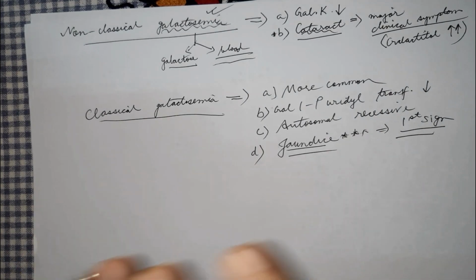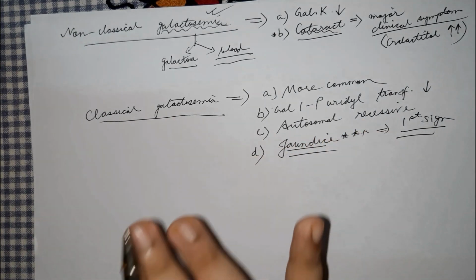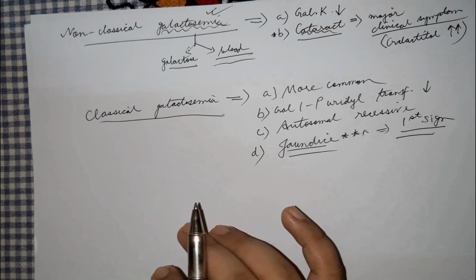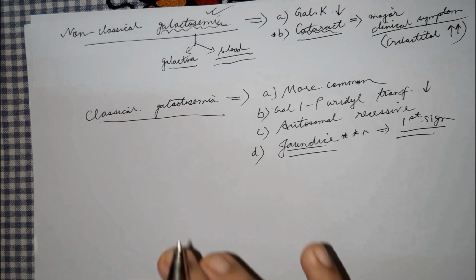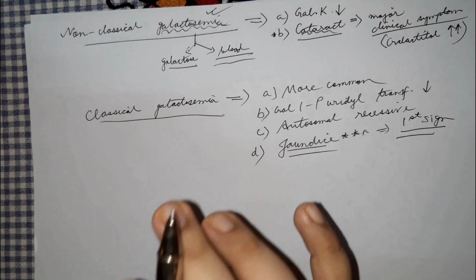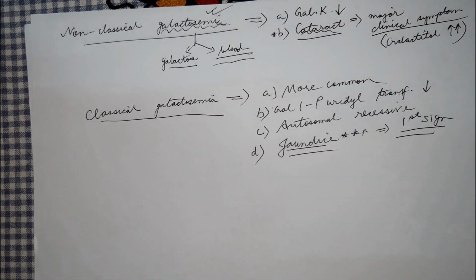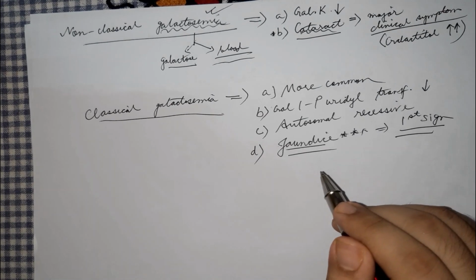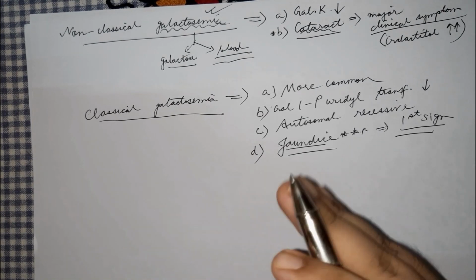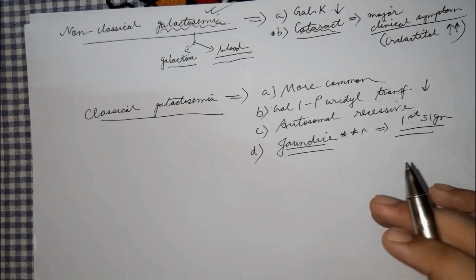Jaundice was another symptom in which of the disorders that we talked about? Yes, very good. Hereditary fructose intolerance. In hereditary fructose intolerance also, jaundice was a symptom because there was rapid hepatocyte death.